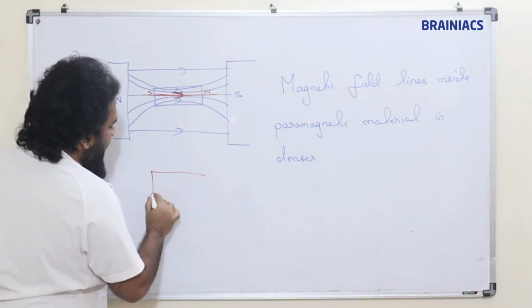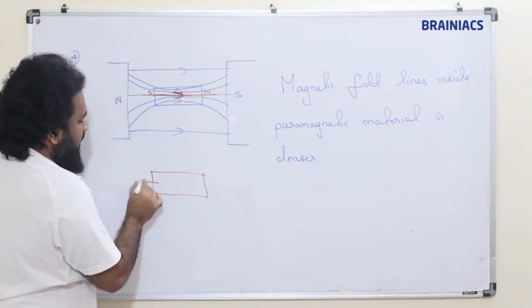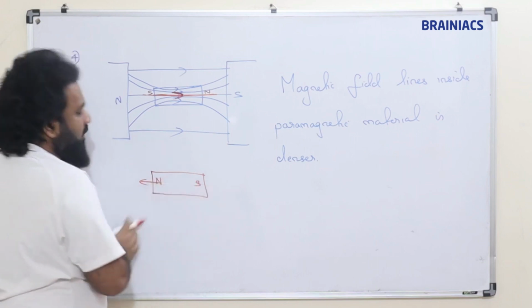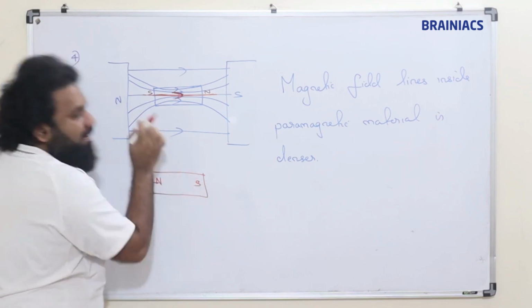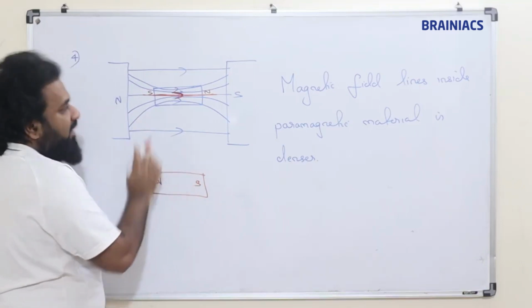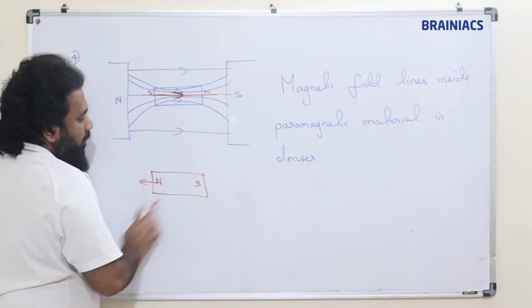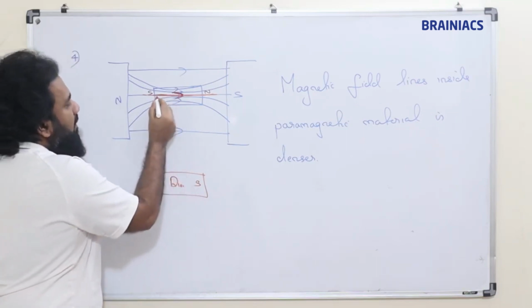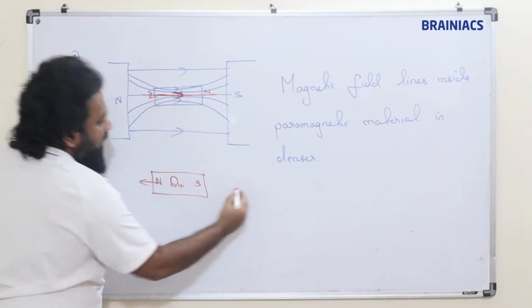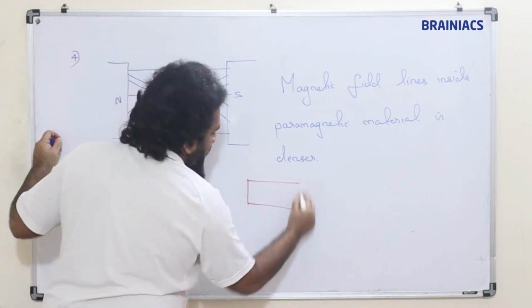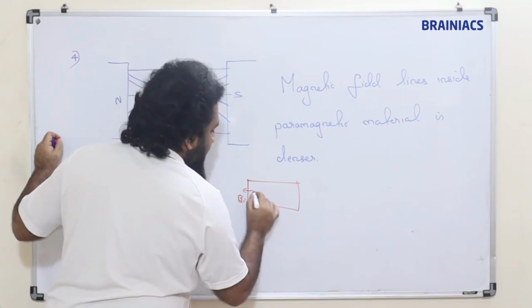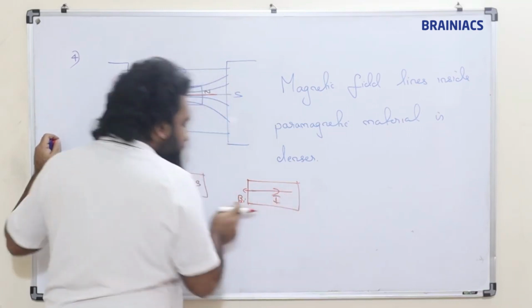Suppose in diamagnetic, what will happen? In diamagnetic, this opposition was more, so it was almost like a very small north pole and south pole, a very weak magnet, very weak magnetic property. But here, even though for diamagnetic also opposition and an induced magnetic field are there, I is very much stronger than this.